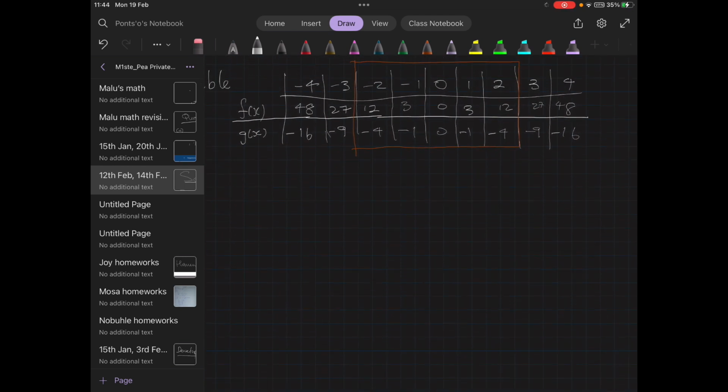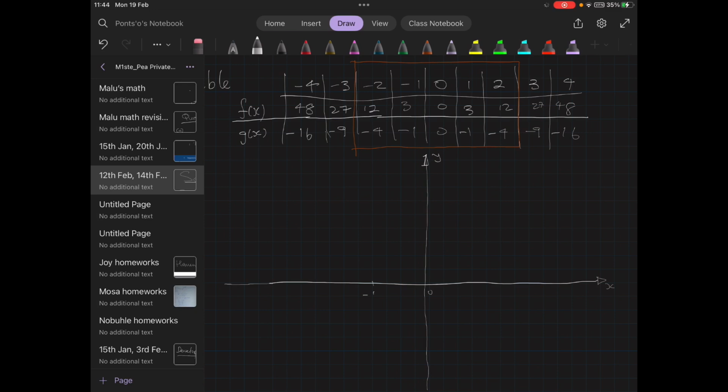So you can have a smaller graph that we plot such that that's our x-axis, and that's our y-axis. So that's 0 there. Alright.